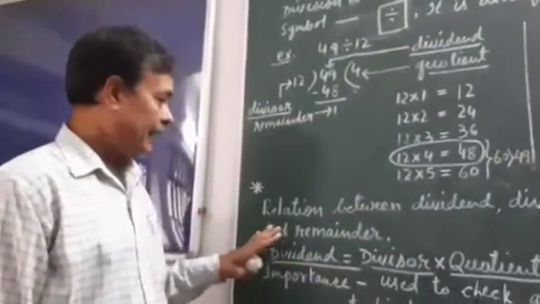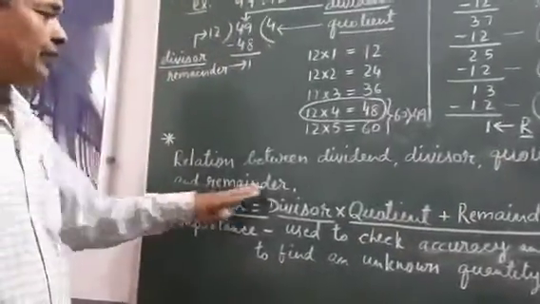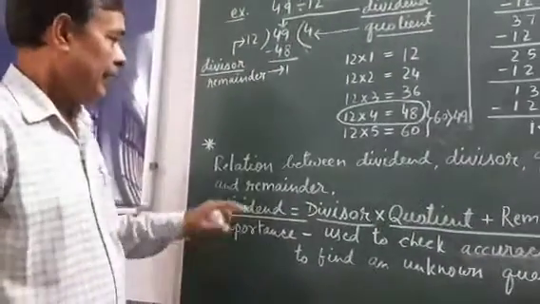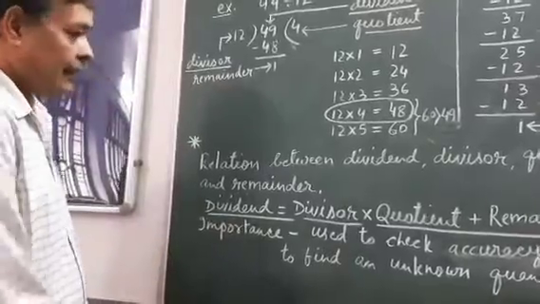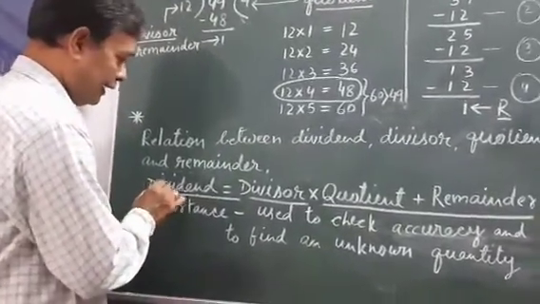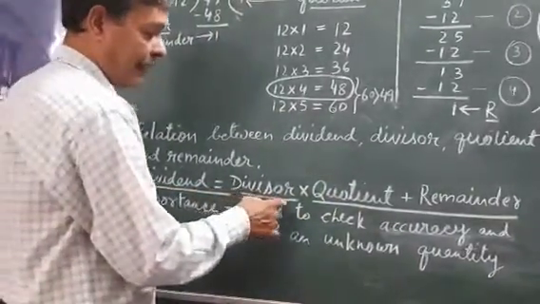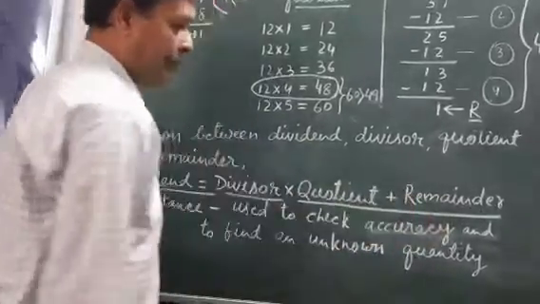Now let us learn the relation between dividend, divisor, quotient and remainder. This relation can be expressed like this. Dividend equals divisor times quotient plus remainder.